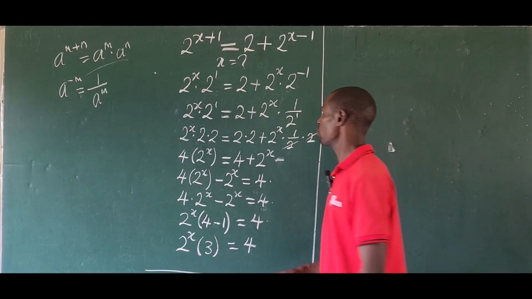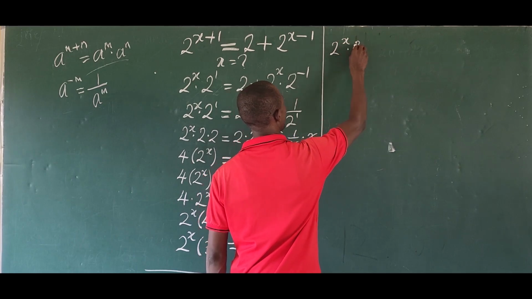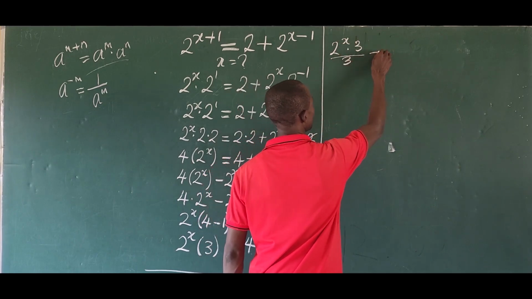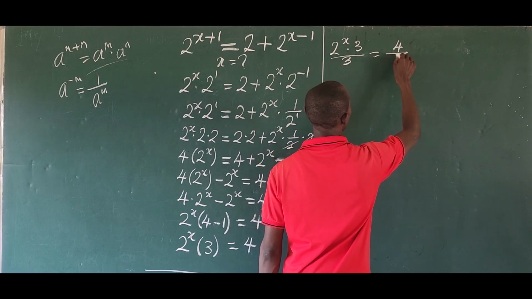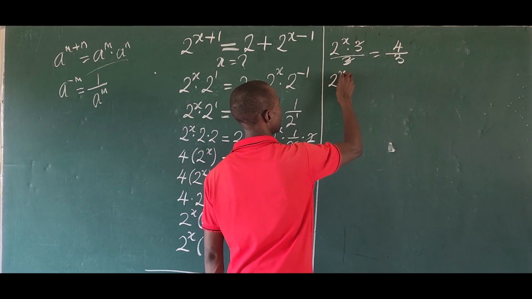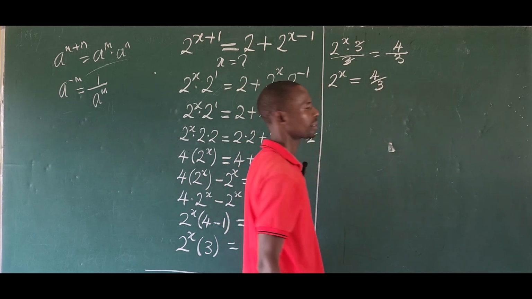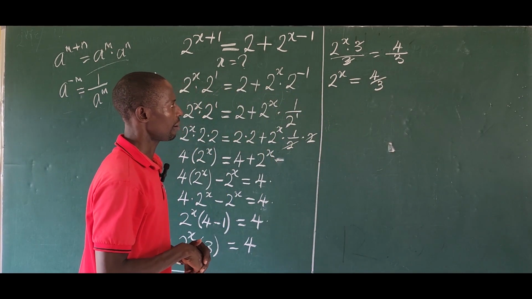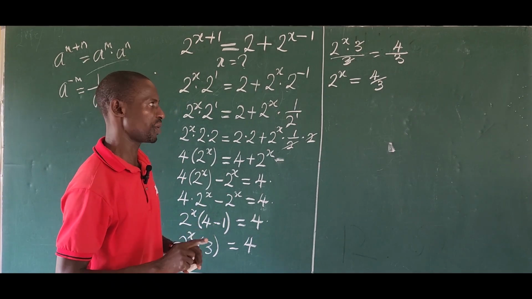We divide through by 3. So we have 2 to the power of x times 3 all over 3 equal to 4 all over 3. This will leave us with 2 to the power of x equal to 4 all over 3. Okay. Now, from here, we just have to eliminate both sides of the equation.